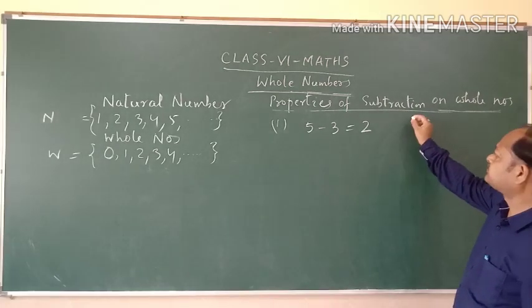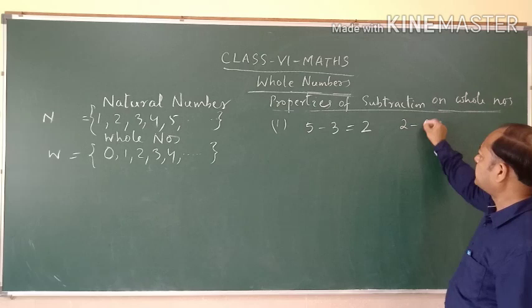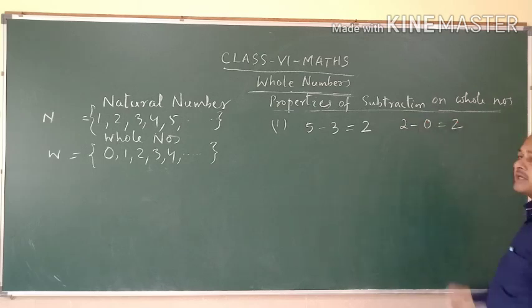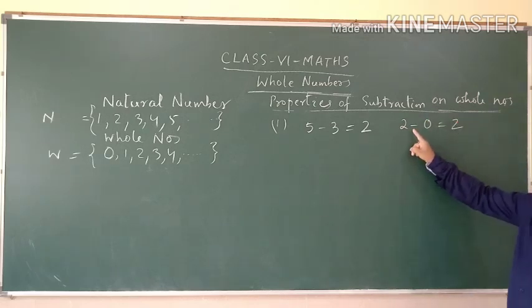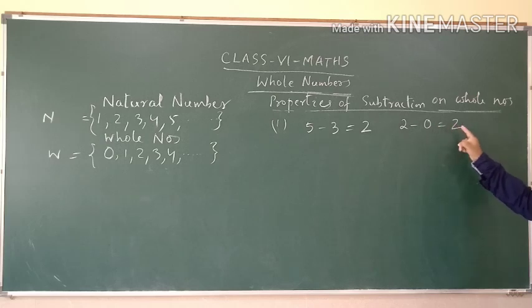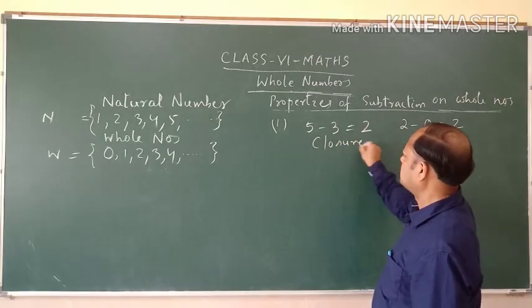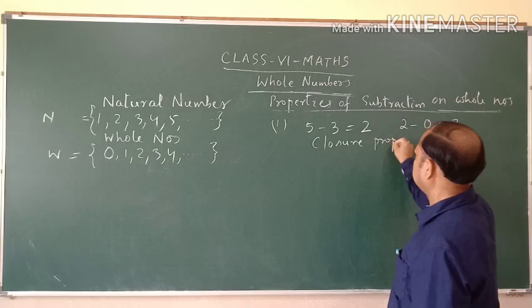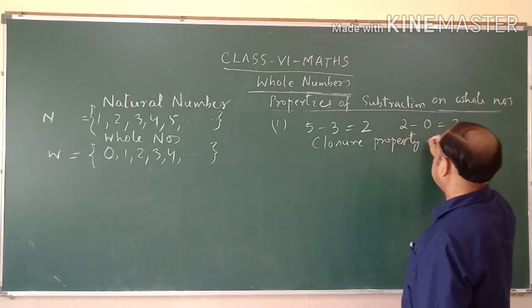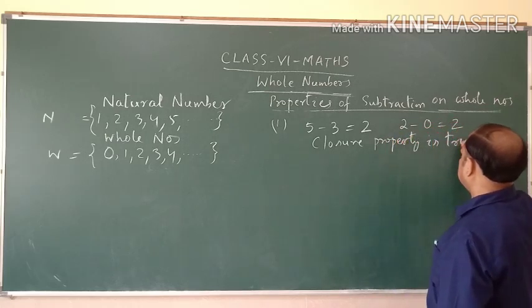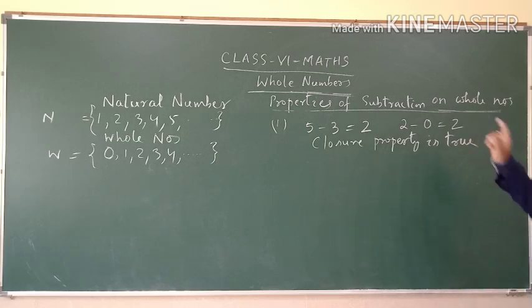Suppose 2 minus 0 equal to 2 here. So 2 is a whole number and 0 is also a whole number, and the result 2 is a whole number. So the closure property is applied here. That means closure property is true in case of subtraction.